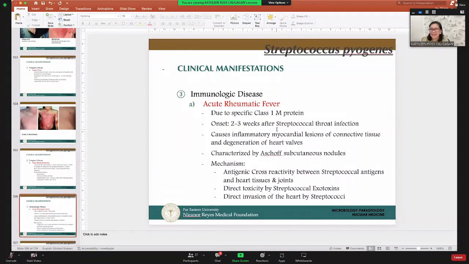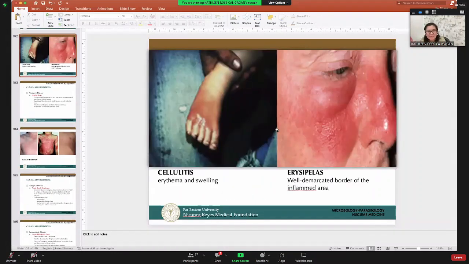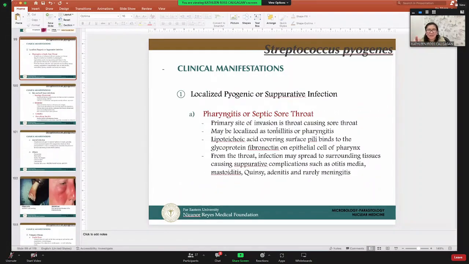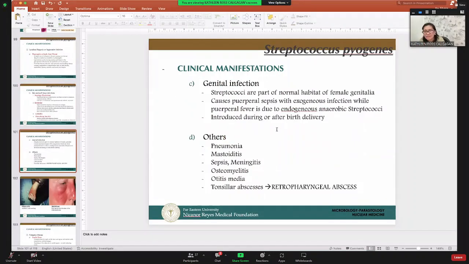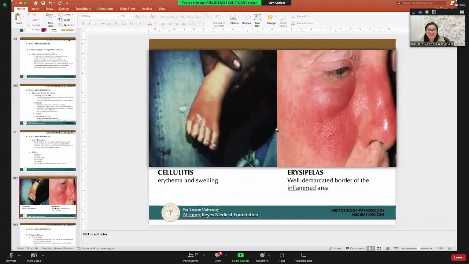Under localized infection, you have pharyngitis or septic throat, skin infection, genital infection, and others, such as pneumonia, mastoiditis, or retropharyngeal abscess.